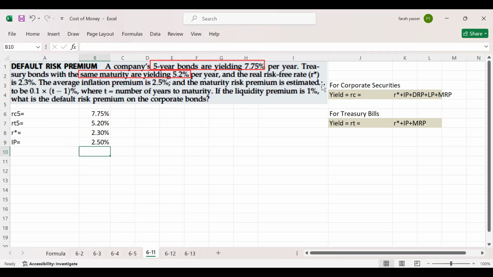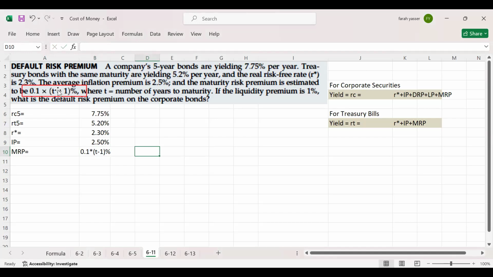The maturity risk premium is not directly given, but you will have to calculate it with this formula. So MRP is 0.1 multiplied by (T minus 1), in percentage. So we will have to calculate it.